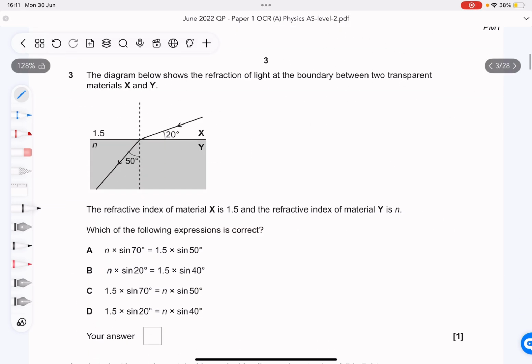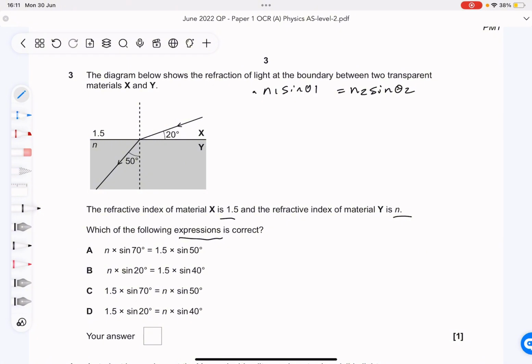Question 3. The diagram below shows the refraction of light at the boundary between 2 transparent materials, X and Y. The refractive index of material X is given, and the refractive index of material Y is n. We don't know that. Which of the following expressions is correct? Okay, so this looks like Snell's law, which at its base is n1 sine theta 1 equals n2 sine theta 2.